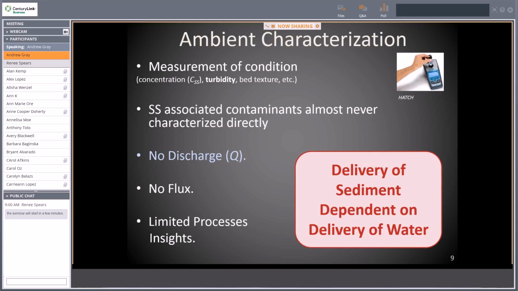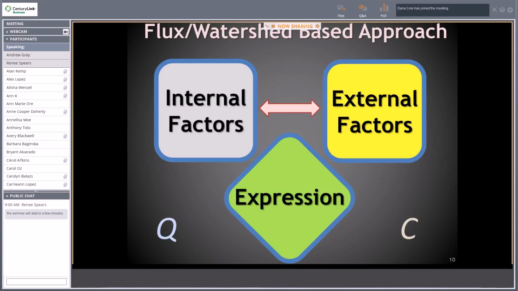So if we're going to think about process, we, of course, again, have to remember that the delivery of sediment is highly connected to, and usually as a first order described through dependency on, the delivery of water to the channel. And so if we're going to take a flux or watershed-based approach, we have to keep in mind that in dealing with watershed hydrology, we really have a convolution of internal and external factors that are conspiring to produce the expression that we're interested in, whether it's discharge or the materials that are being carried along by that water discharge.